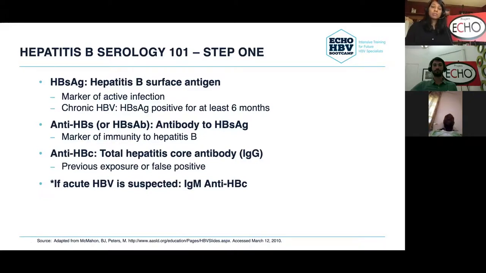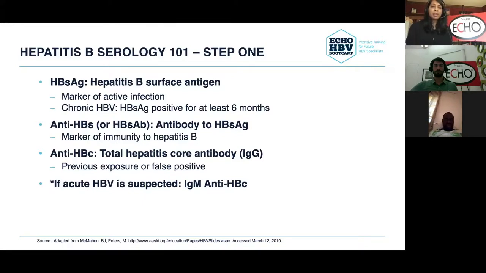We also talked about the routes of transmission. So worldwide, we know that there's a lot of mother to child transmission, depending particularly on where in the world you might be residing, with certainly more mother to child transmission and early childhood transmission in East Asian and Southeast Asian countries and in sub-Saharan African nations, and then somewhat of a mix in other parts of the world.